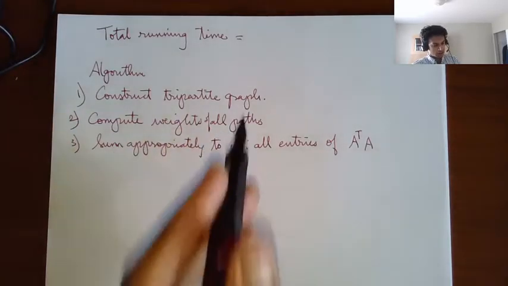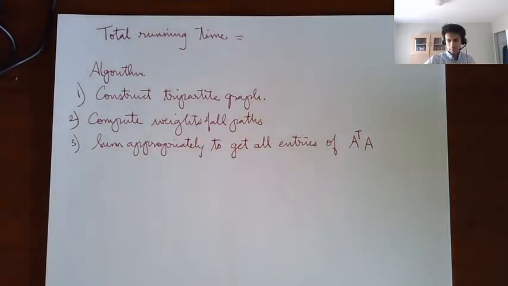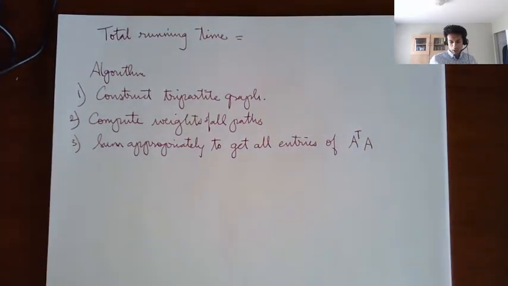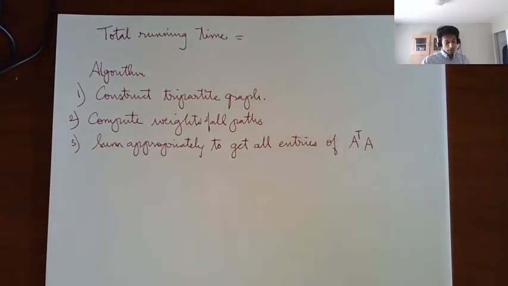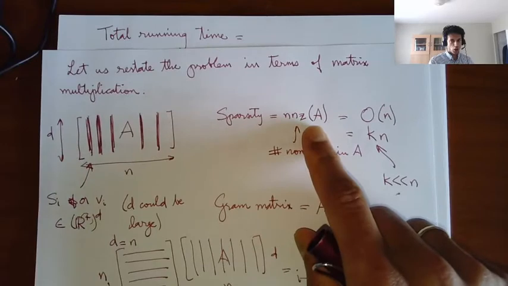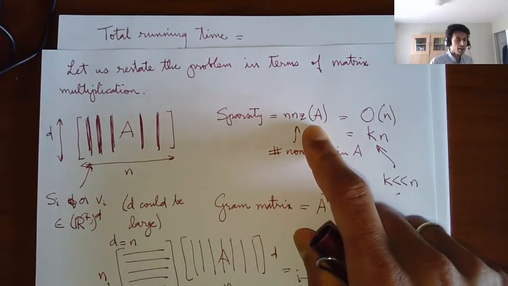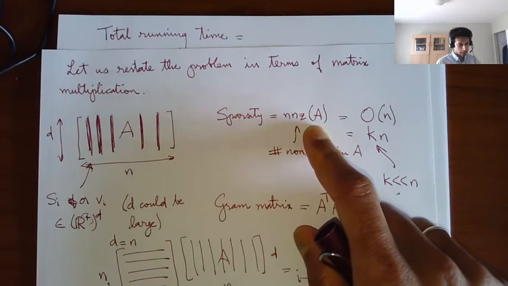How long does it take to construct the tripartite graph? It would be nd in the worst case, but remember we were discussing that in real world data, the number of non-zeros is actually quite small. So nd would be in the worst case. That is exactly true.